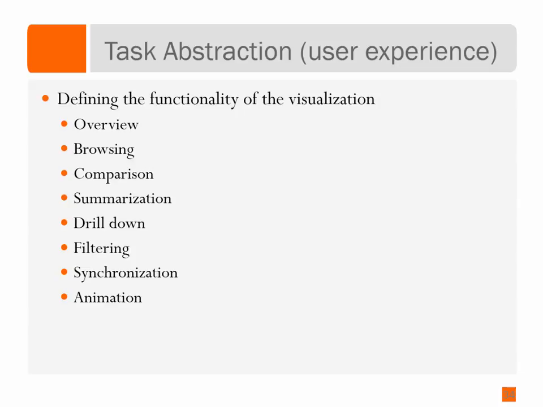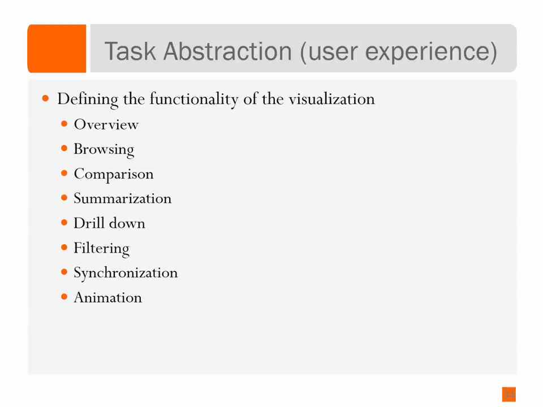So what we're trying to do with task abstraction is to define the functionality of the visualization. So what's the visualization going to look like? Will it be an overview? Will we be browsing through the visualization, looking at one area and then looking at another area? Will we be making side-by-side comparisons? This one's at this level, this other one's at another level.